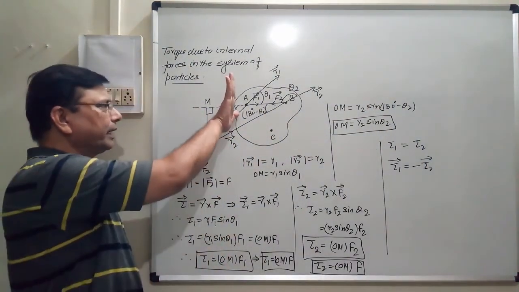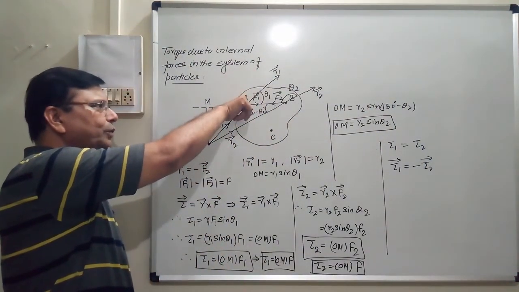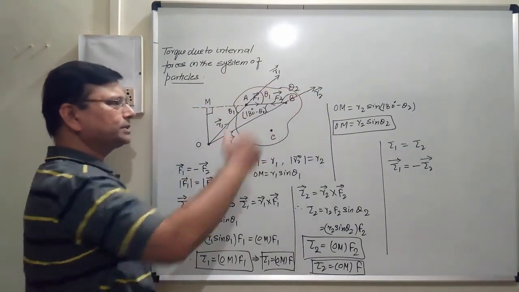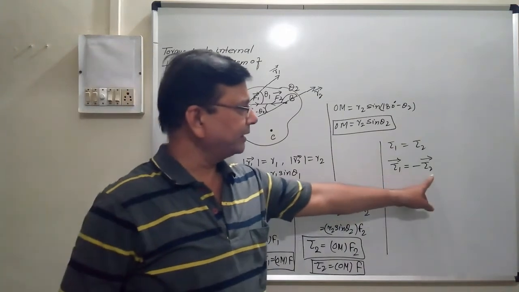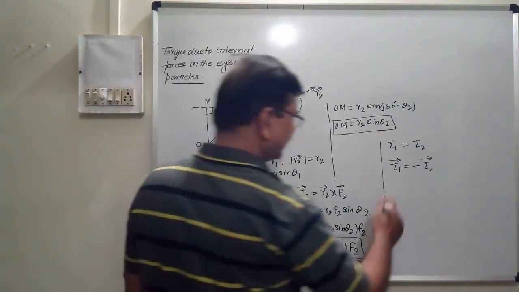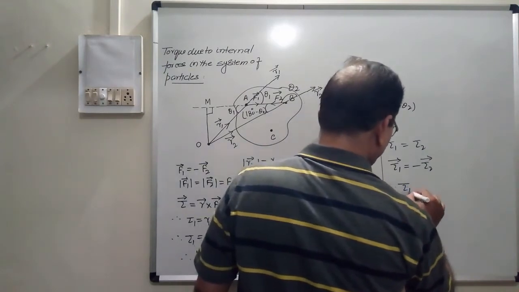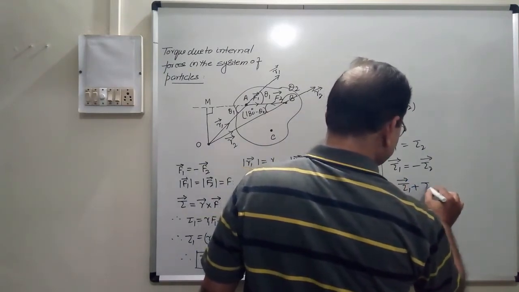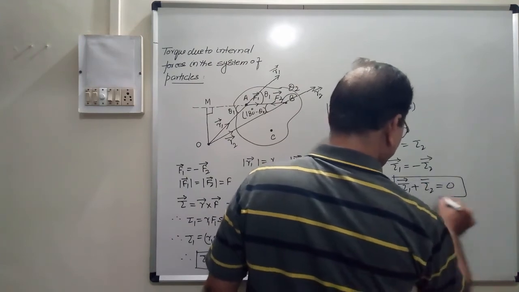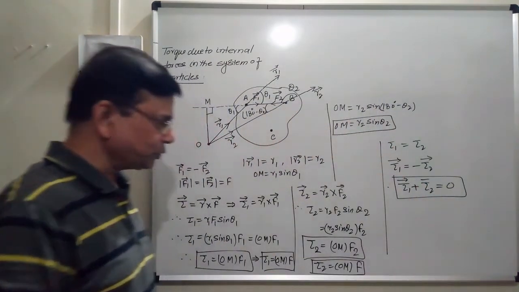Because tau 1, R1 into F1 is inside, tau 2, R2 into F2 is outside. In the vector form if you write, then this will be opposite to each other. Therefore, we can write tau 1 plus tau 2, that is equal to 0. This only I wanted to tell you.